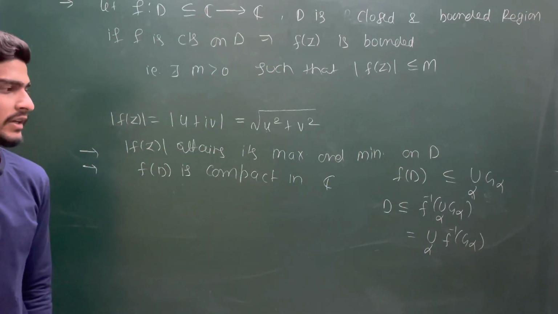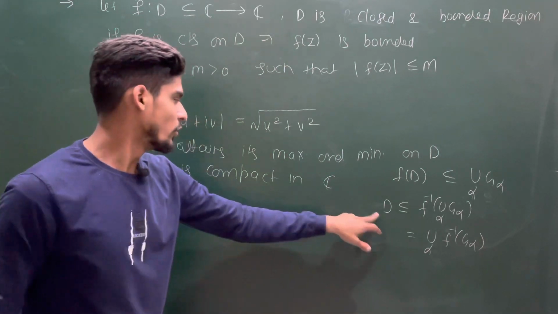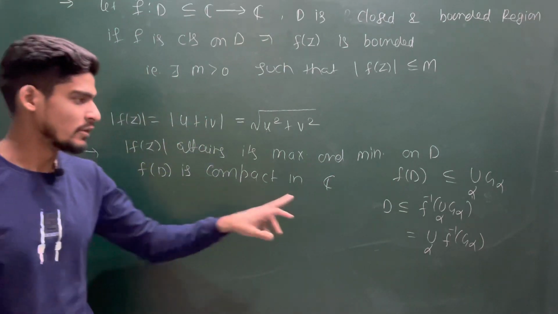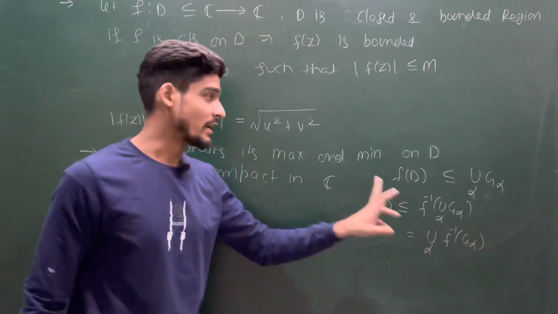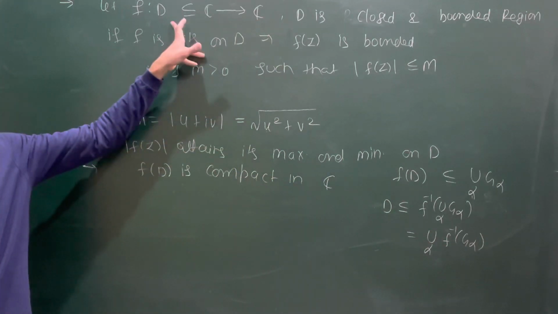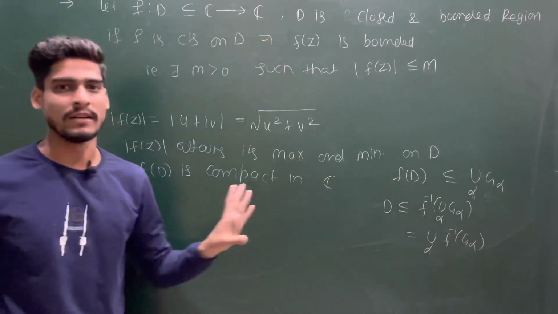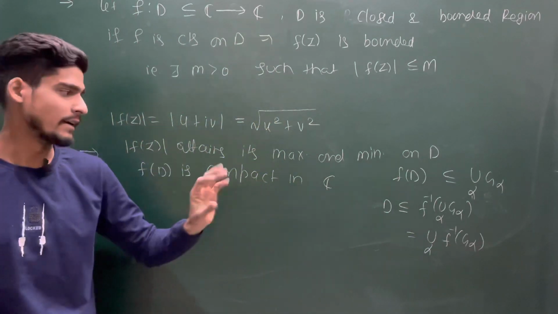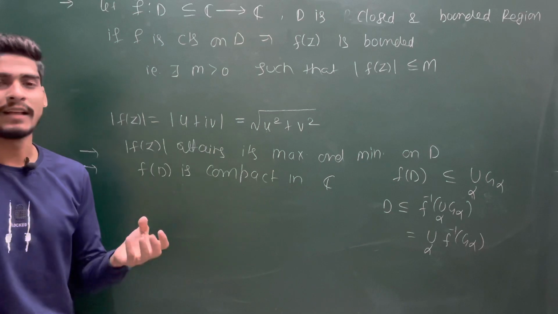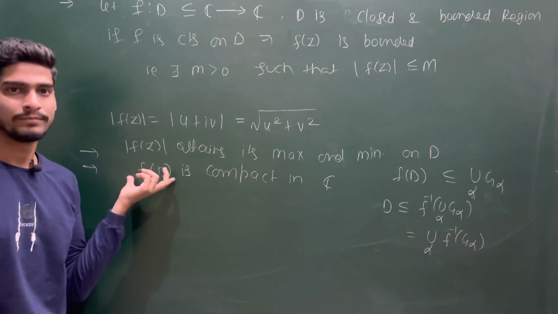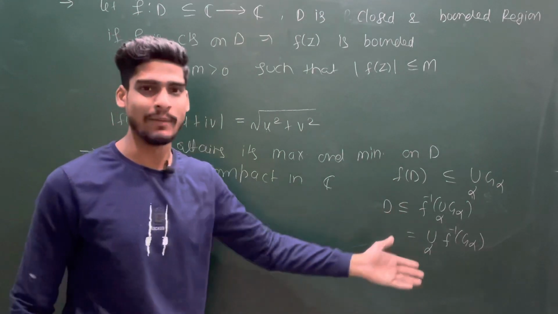So what you have done is, if you have an open cover for f(D), then you have an open cover of D, but D is a compact set. So this open cover will definitely have a finite subcover. So use that property and try to extract that finite subcover for f(D). So this is just a 2 or 3 line proof from the topology part.